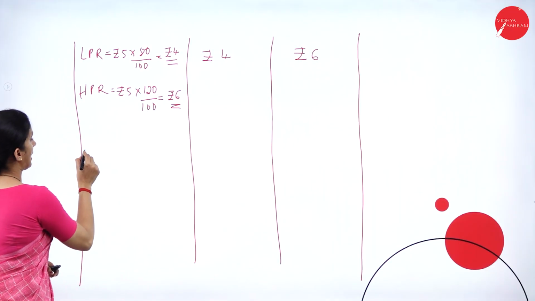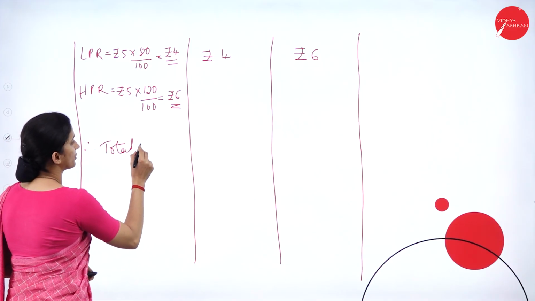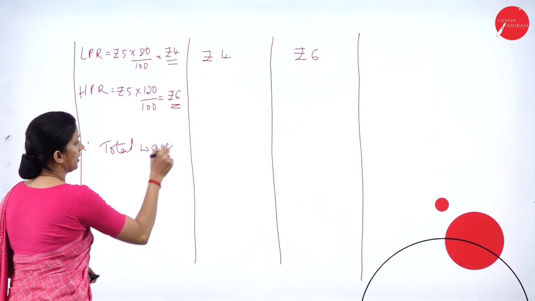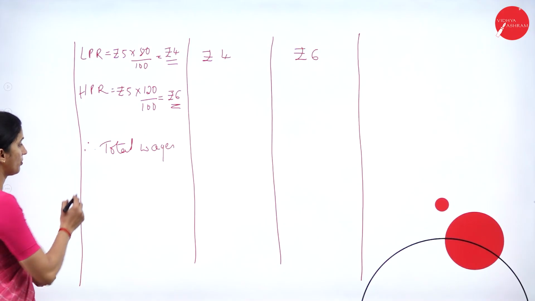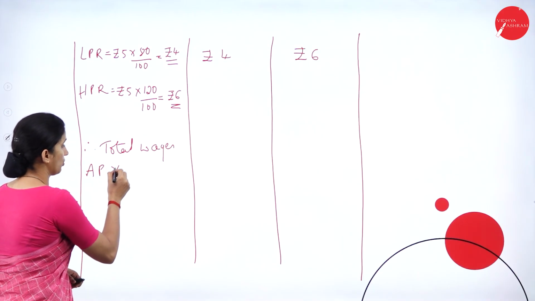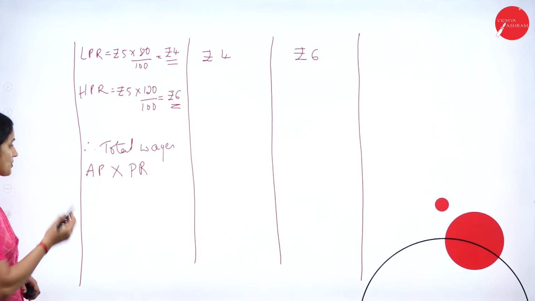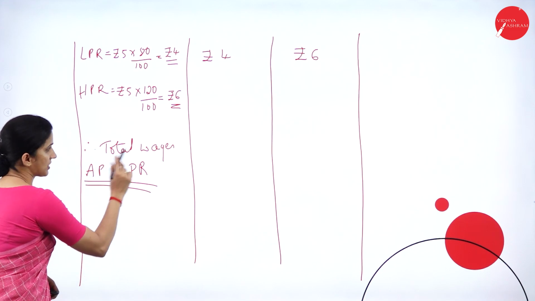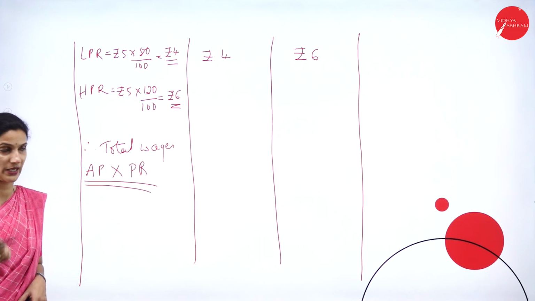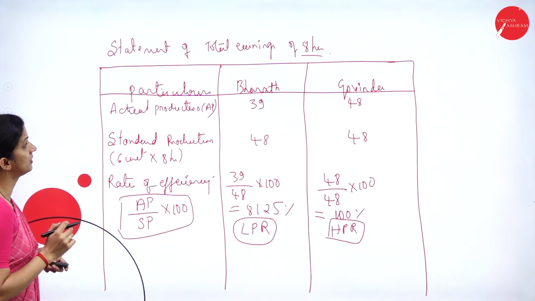Therefore, lastly we will calculate the total earnings or total wages. Your formula is actual production into the piece rate applicable for them. So this is the formula that we are using to calculate the total wages. What is the actual production of worker Bharat?